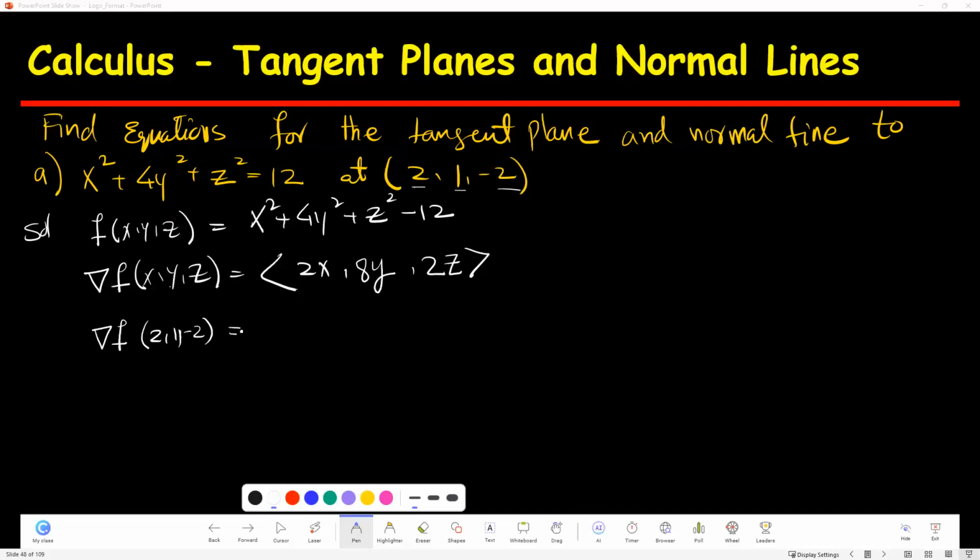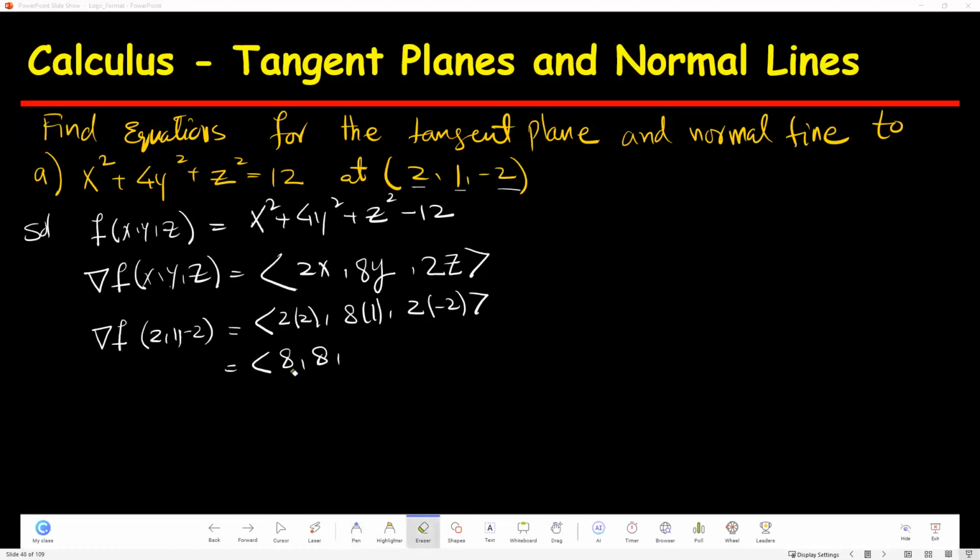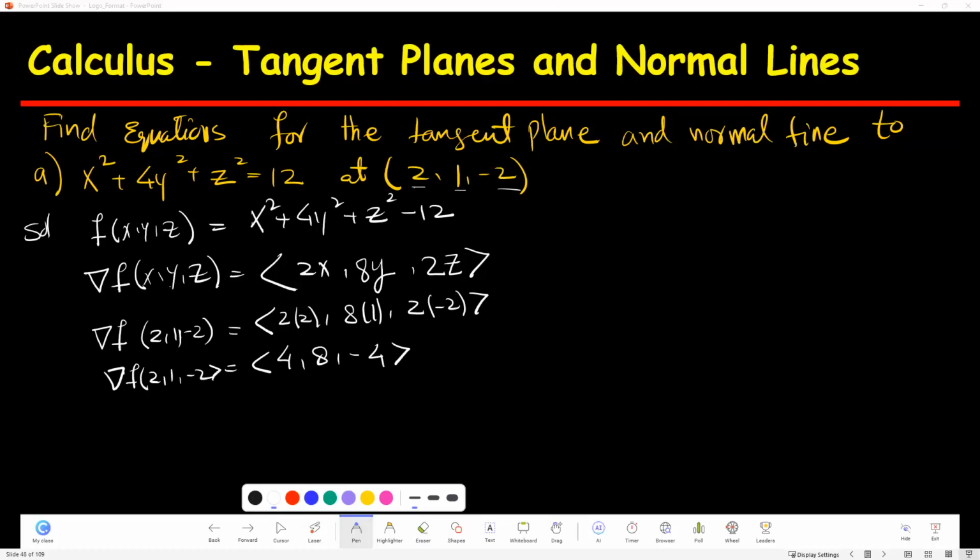If I substitute here, it's going to look like 2, 2, 8, 1, and then 2 minus 2. And if I further simplify it, it's going to be 8, 8, and 4, 8 minus 4. Okay. That is pretty much half of the calculation done.